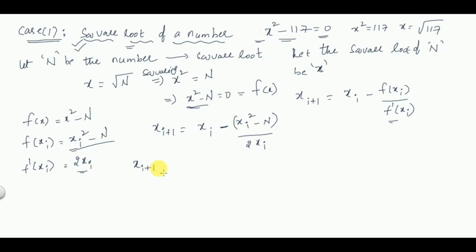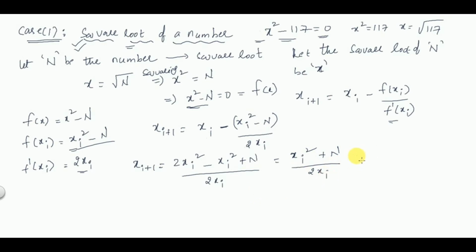So xi plus 1 is equal to, taking LCM, 2xi square minus xi square plus n, divided by 2xi. So 2xi square minus xi square becomes xi square plus n, divided by 2xi.